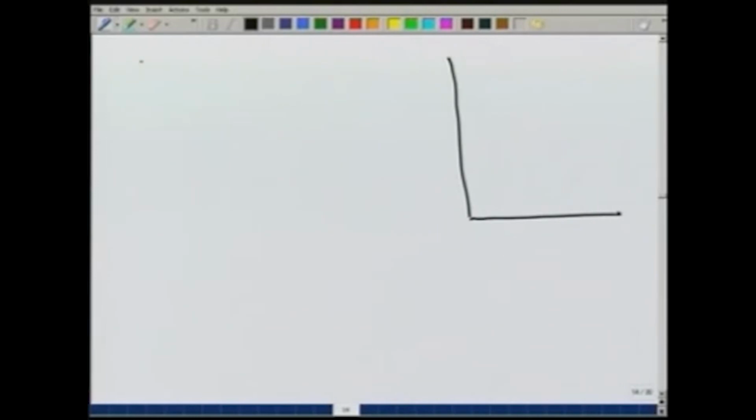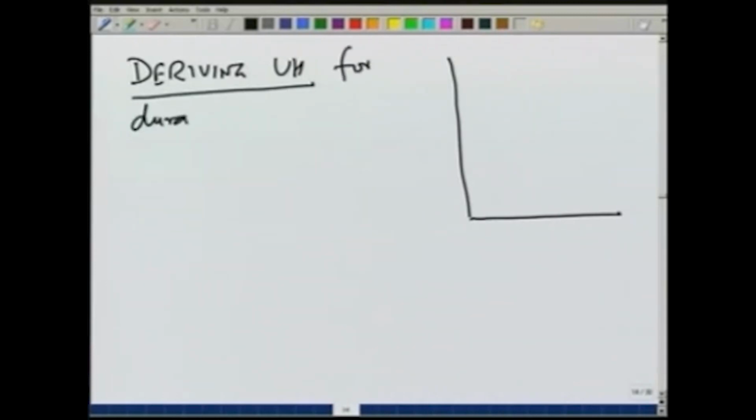So, let us look at deriving UH for any other duration. In a way we have already discussed this, but let us summarize this.